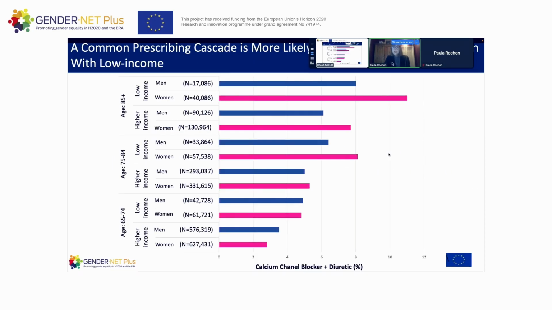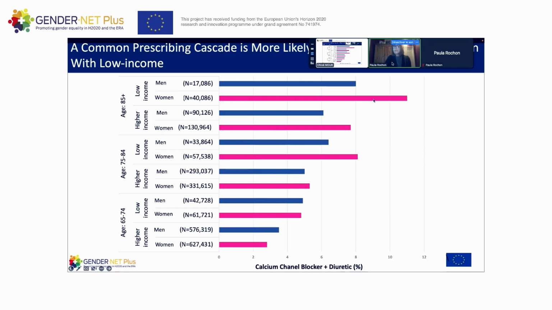One thing I really want to show you here is the importance of age. And as geriatricians in this project, age is a very, very important factor in everything that we do. Here you see the age groups from 65 up to 85 plus. And what you'll see is when you look at this prescribing cascade, it's more frequent as you get older, dramatically so, you can see here.